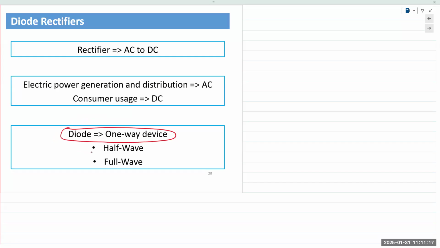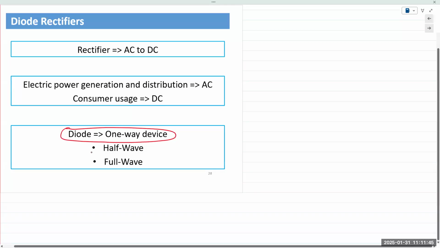The name rectifier comes from the fact that it seems as if there's something wrong with AC, so we are rectifying it and finding a solution by converting it into DC. Almost all appliances and consumer electronic devices that we use today run on DC. Our smartphones, with built-in batteries, laptops, tablets, everything runs on DC.